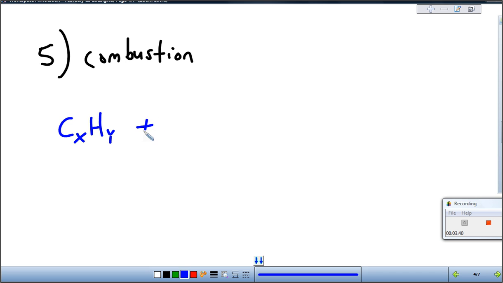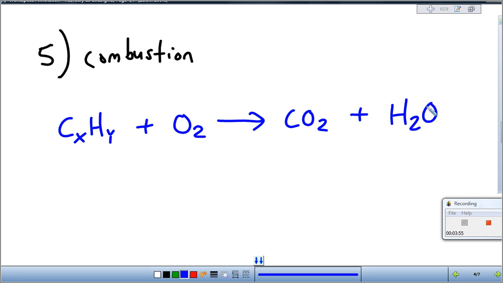We're not worried about that right now, but something that contains carbon and hydrogen will, in order to burn, combust, need to react with oxygen. And hydrocarbons, when they burn, always produce a combination of CO2 and H2O, at least the majority of the time. So that's the general formula that we're going to use to represent a combustion reaction.